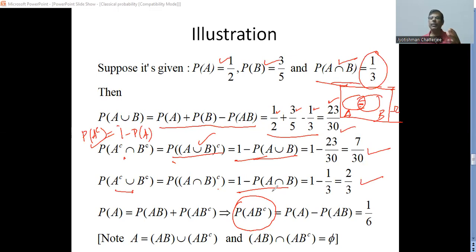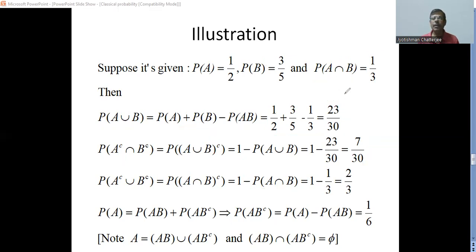So how do you find out the probability of that? See, let me clear this thing first. We need to find out A B complement, right? So here is A and here is B. This is A, this is B, right?